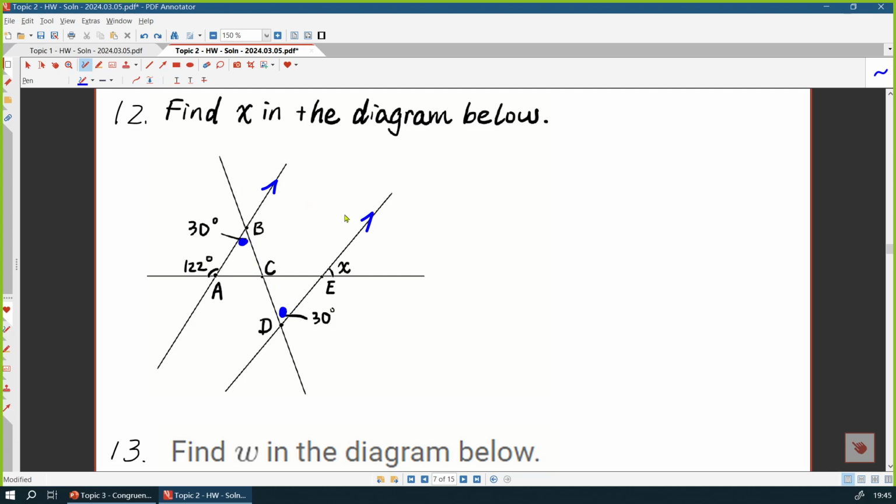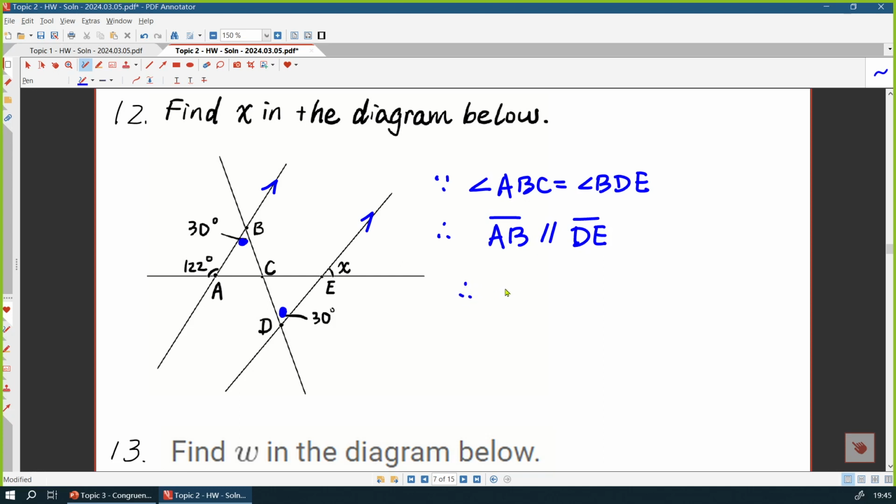This indicates these two lines must be parallel with each other, no matter how the diagram is drawn, right? So we can say angle ABC equals angle BDE. Well, you could say, because then line AB is parallel with line DE, right?